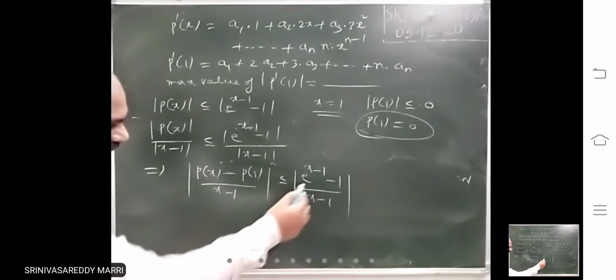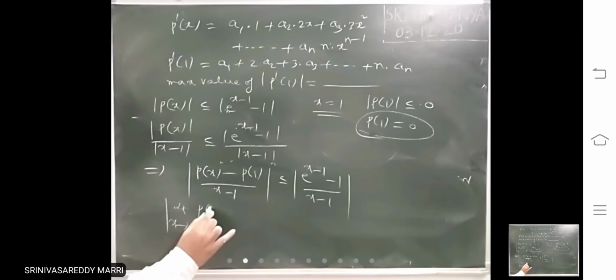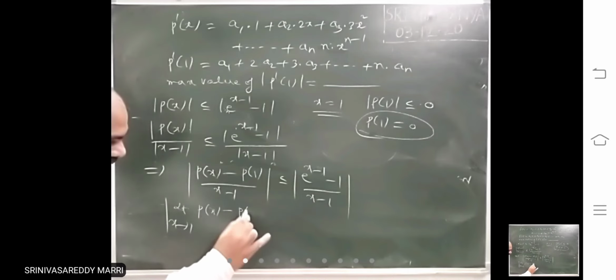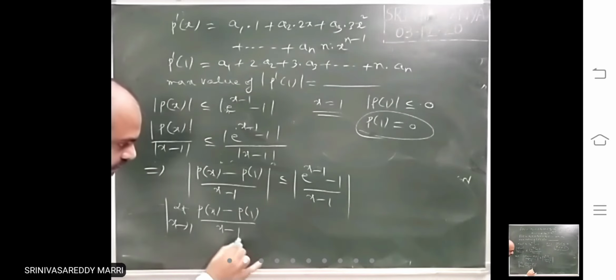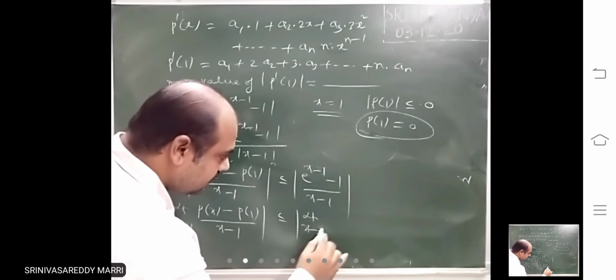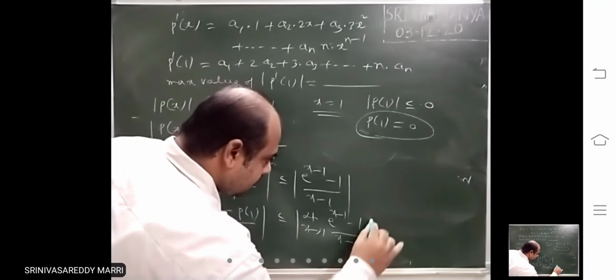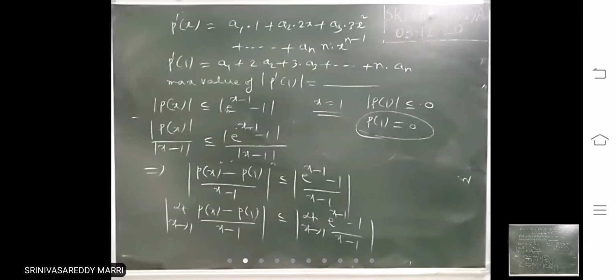Now I am applying the limit as x tends to 1 on both sides. According to the definition, this is modulus of P(x) minus P(a) divided by x minus a.